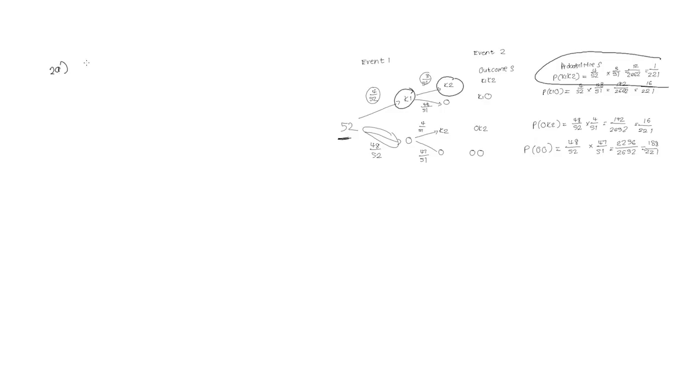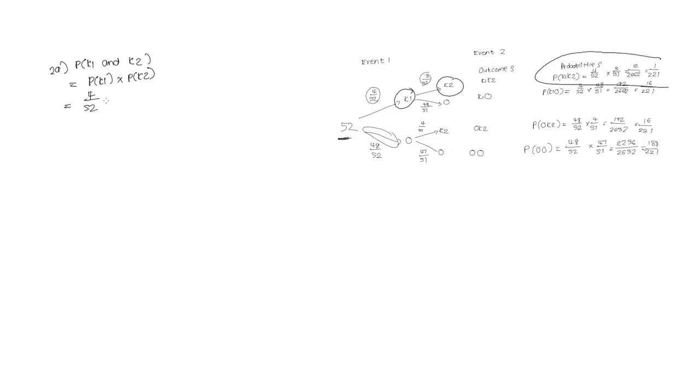Therefore, we can write it as such. Remember, we're obtaining the probabilities for each of the individual events from the tree diagram.